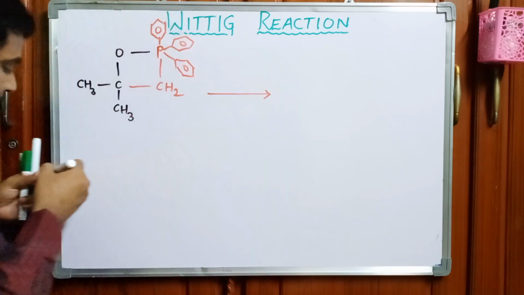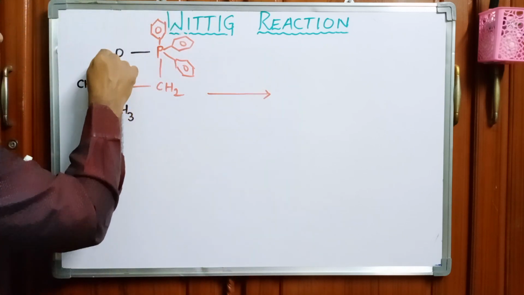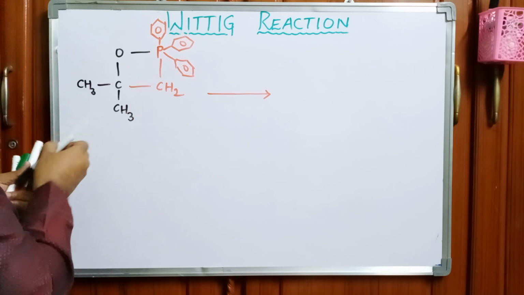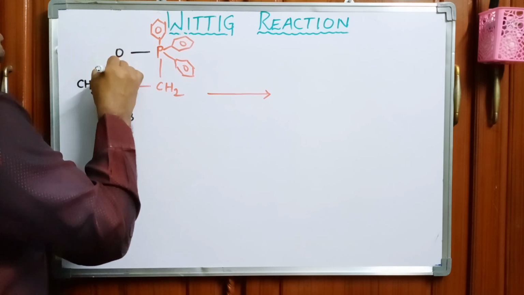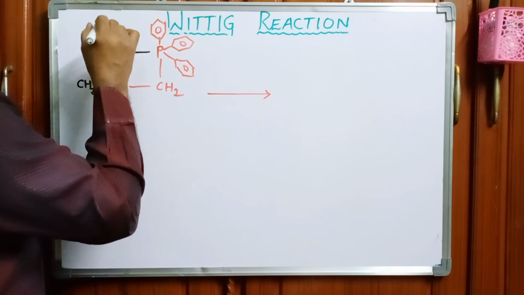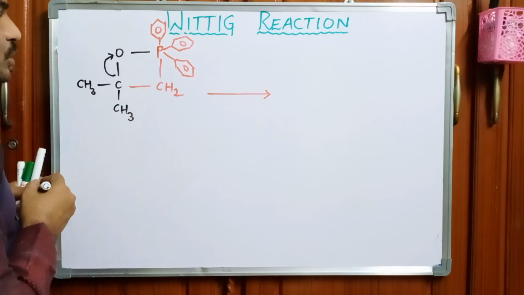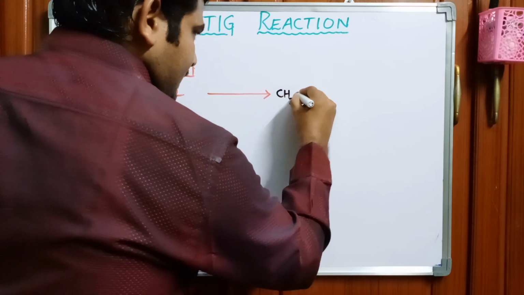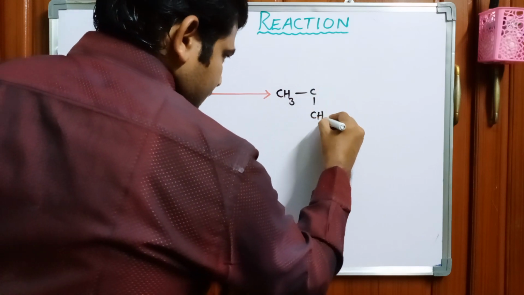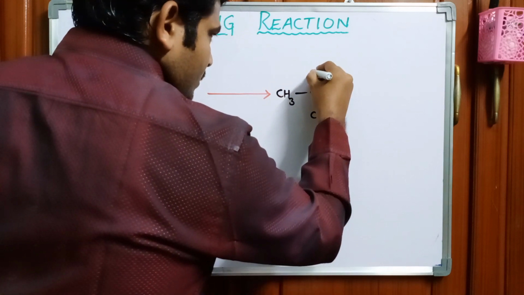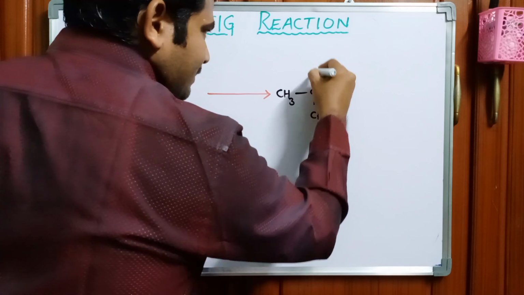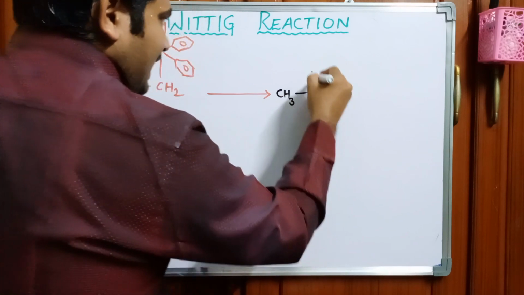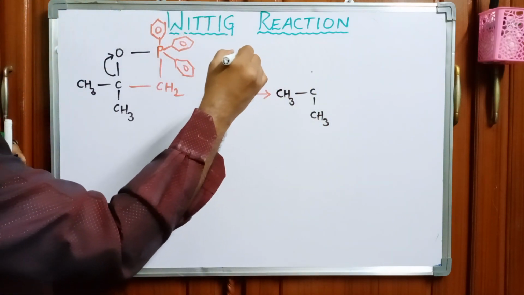How does it cleave? Which one is more electronegative in this particular case? Oxygen. That's why the bonded electrons are taken by oxygen to yield CH3, C, CH3. There is no bond between carbon and oxygen. Yes or no?